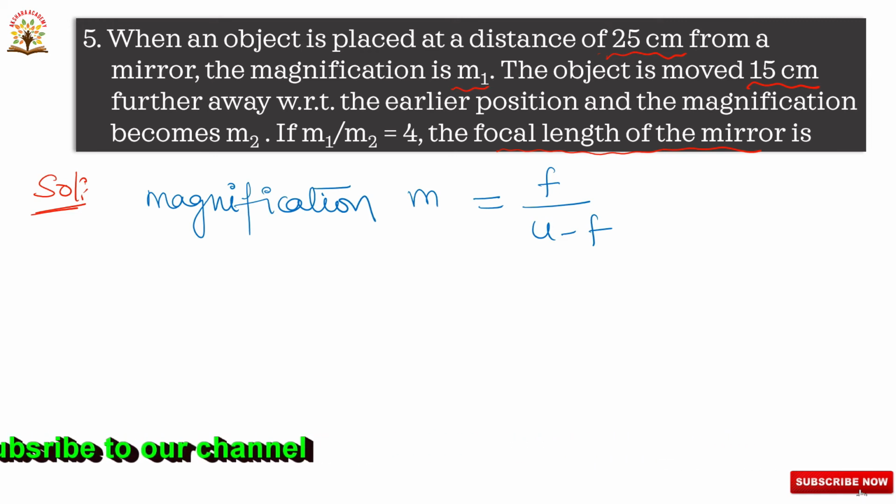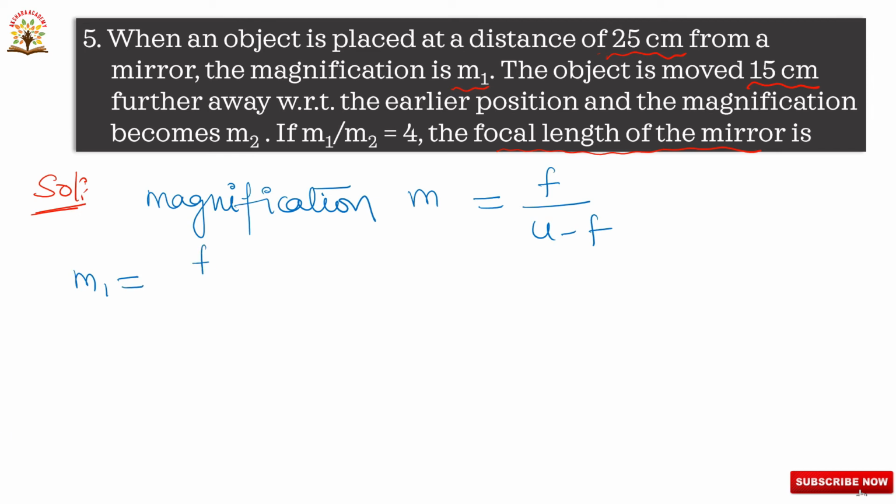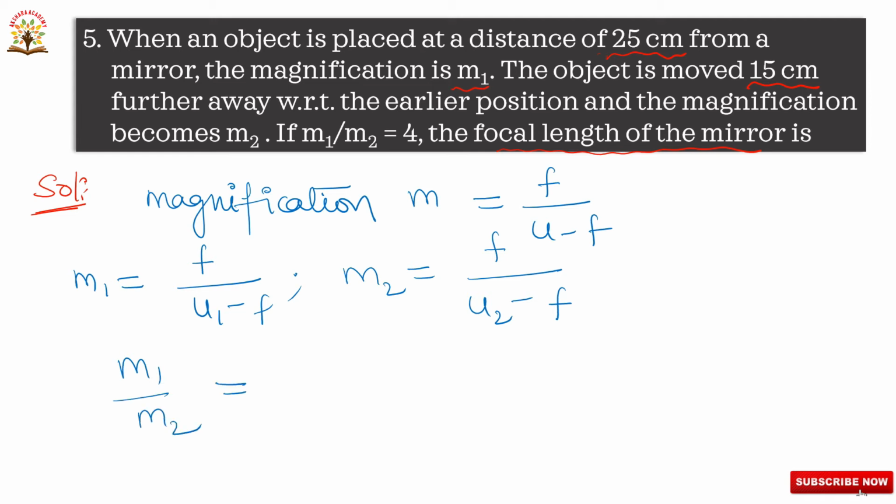Now we will write m1 is equal to f by u1 minus f, similarly m2 is equal to f by u2 minus f. Now m1 by m2 is nothing but f by u1 minus f by u2 minus f. F will cancel, the remaining we will get u2 minus f by u1 minus f, that is equal to, they gave as 4.